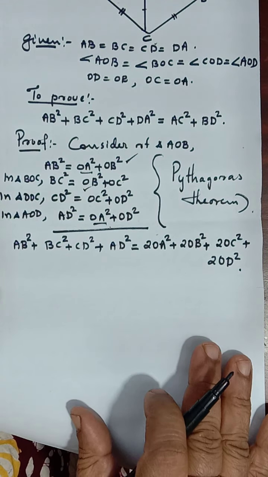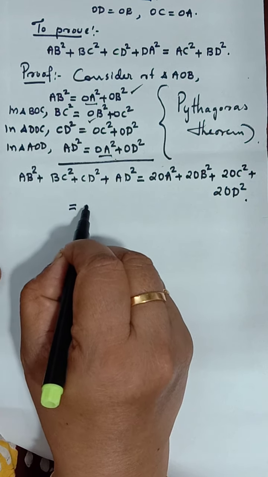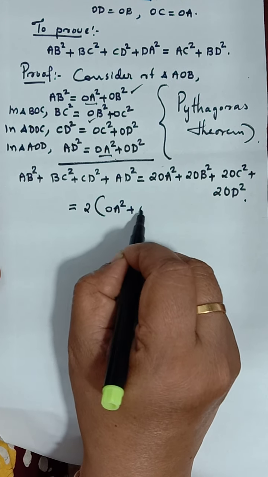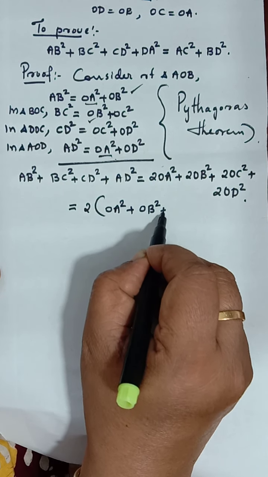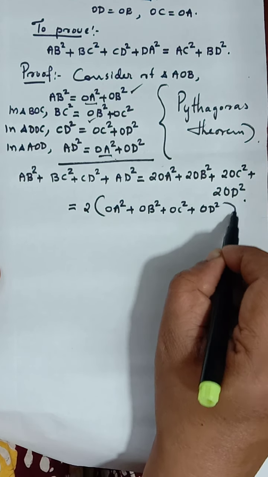Okay, so shall we take 2 as common? Left hand side as it is, 2 common, we have OA square plus OB square plus OC square plus OD square. Now let us think what is our OA.